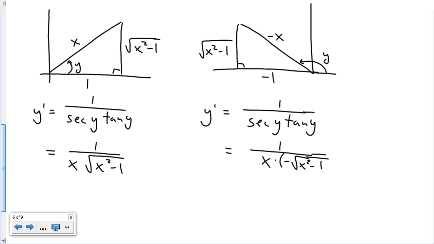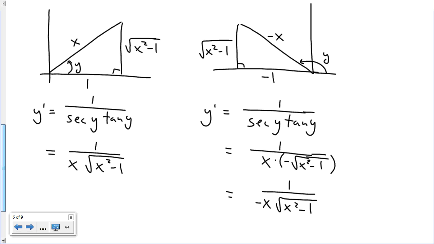So there's what we end up with. And I guess we can rewrite this then as 1 over, actually let me put the negative in the denominator, 1 over the opposite of x times the square root of x squared minus 1. So you can see that the sign is different here. One's positive, the other one's negative.